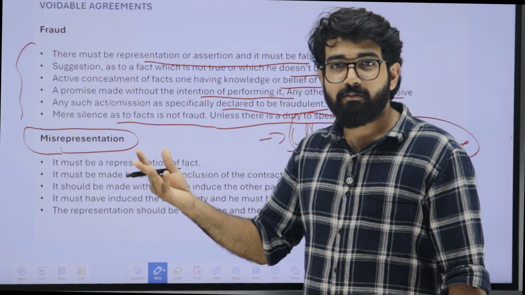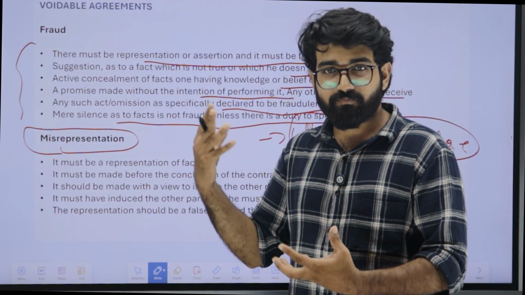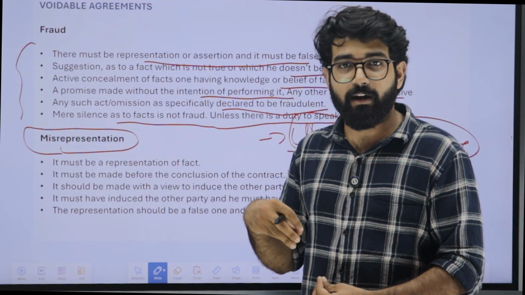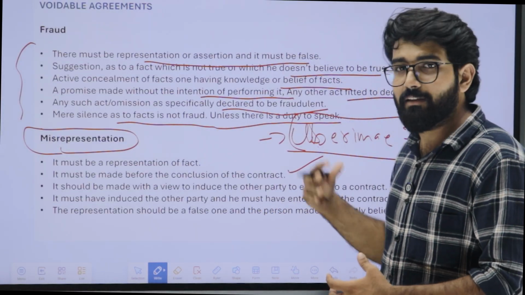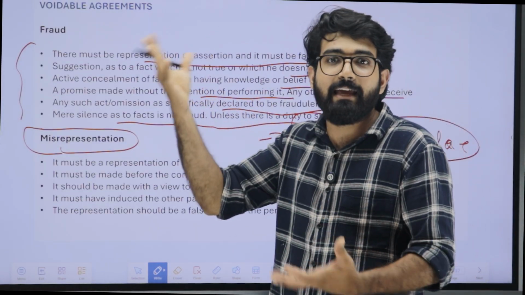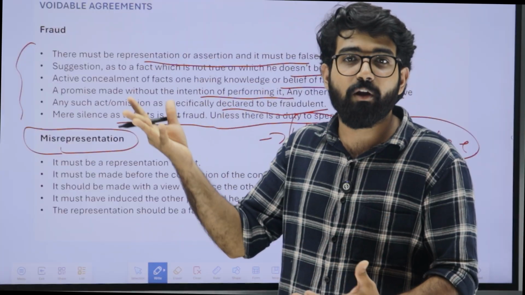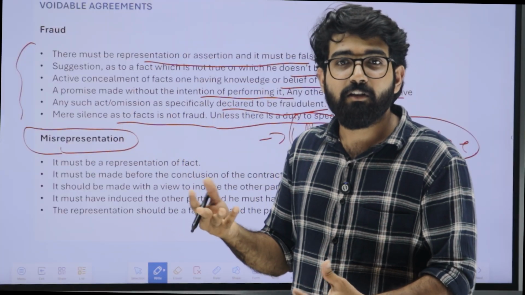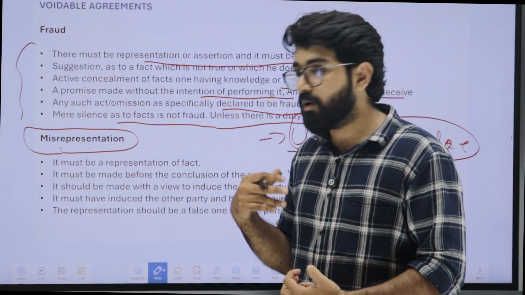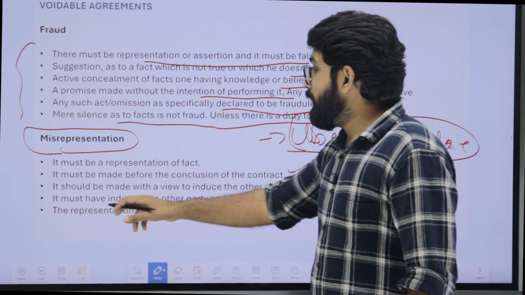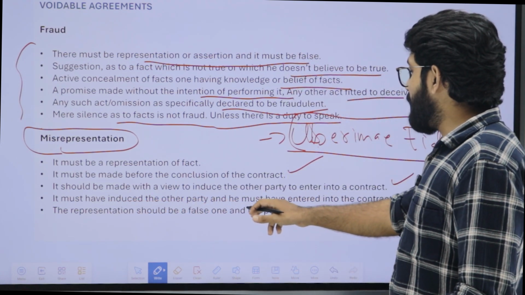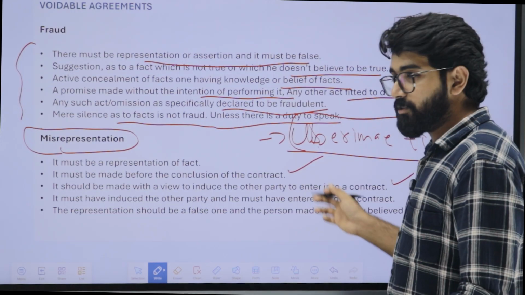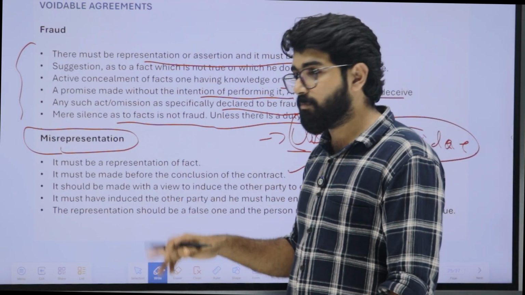I said that because I want them to enter upon the contract. Just like fraud, I am telling them this is A-grade rice, this is an export quality item, so as to induce them into the contract. It must have induced the other party, and they must have entered into the contract. They should have believed it and they should have entered upon the contract.